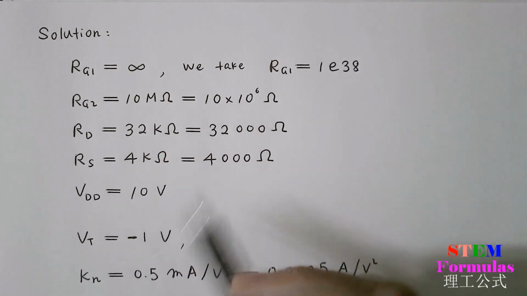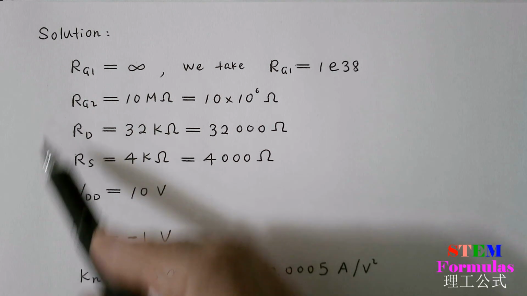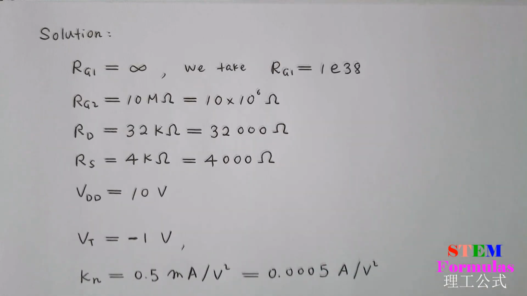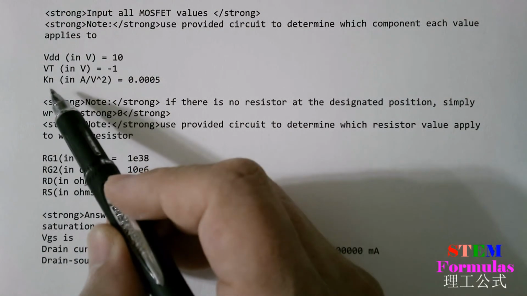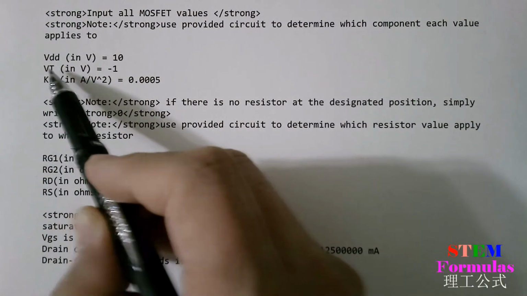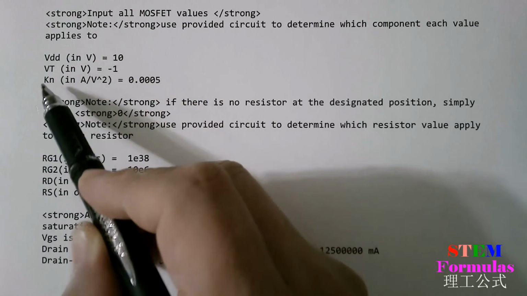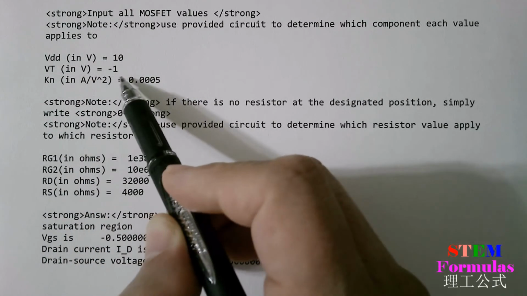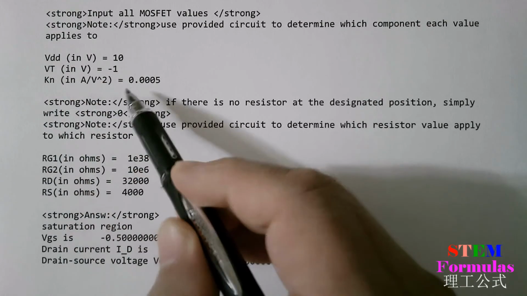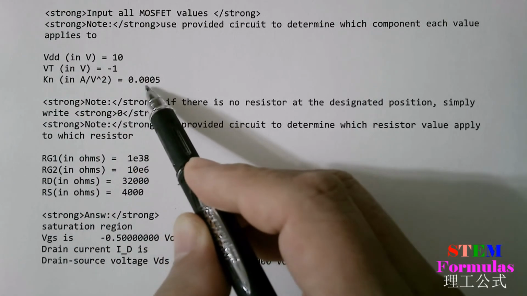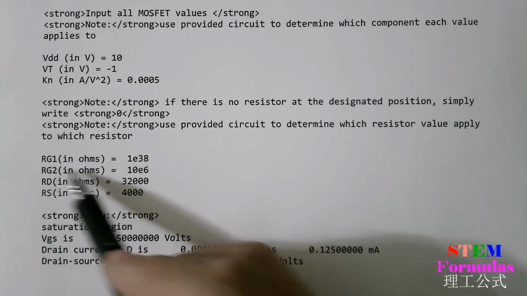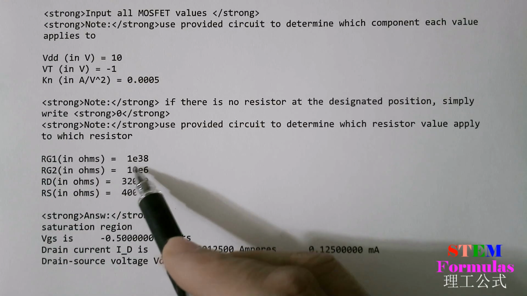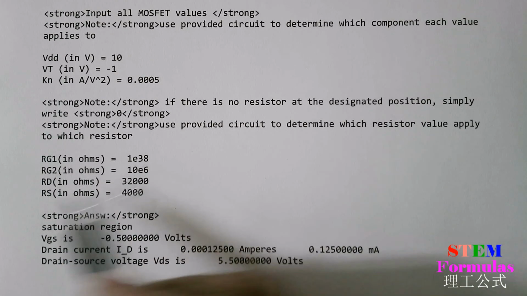All we need to do is input all these parameters in the Matlab code. Here is the input in the Matlab code. VDD equal 10 volts, VT equals -1 volt, Kn equal 0.0005. RG1 equal to 1 times 10 to the 38.